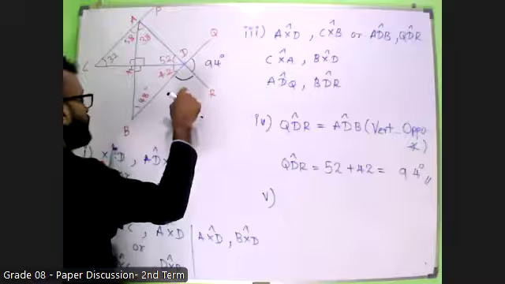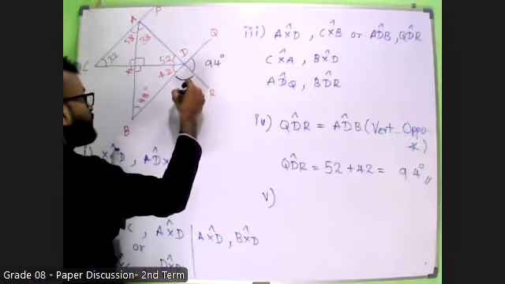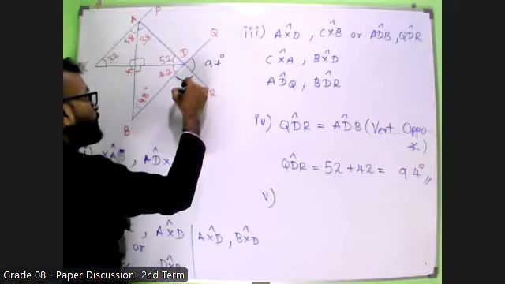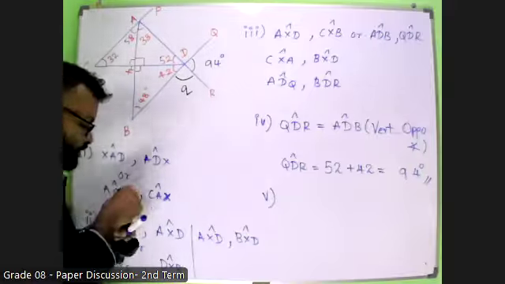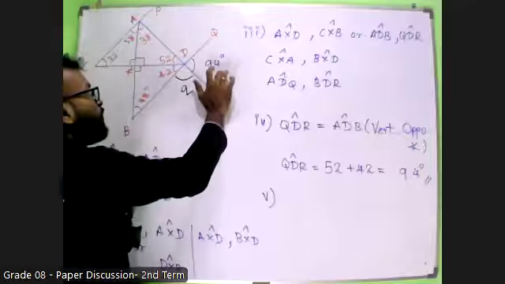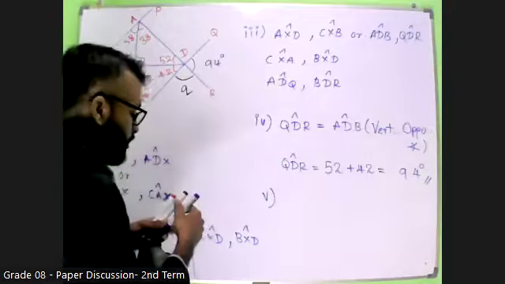So if you add, let's say this is Q. Q plus 94 equals 180.